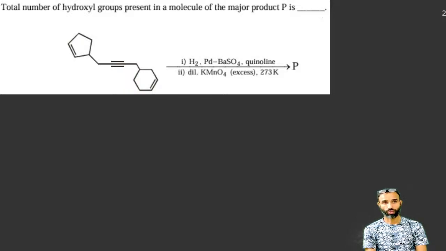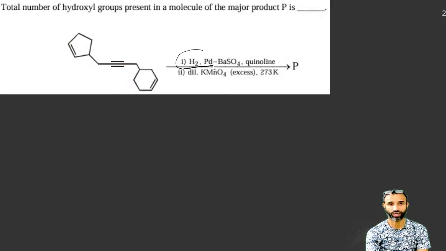Total number of hydroxyl groups present in a molecule of the major product P is. So see, H2/Pd, barium sulfate, quinoline, what do they do? Yes, it is partial reduction.